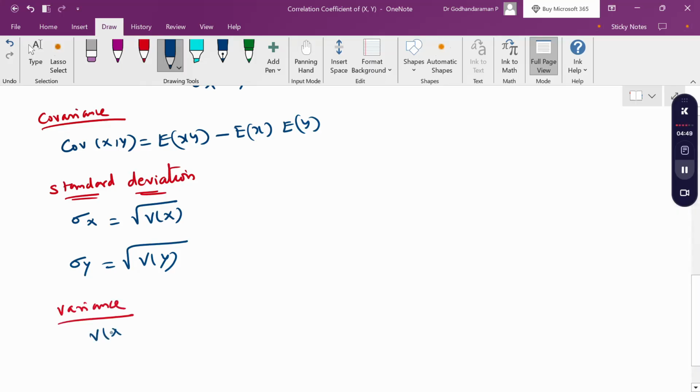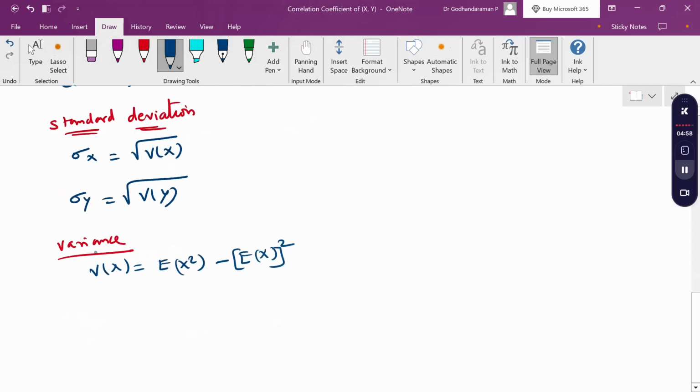Variance V of X is E of X square minus E of X whole square. Then variance of Y is E of Y square minus E of Y whole square.